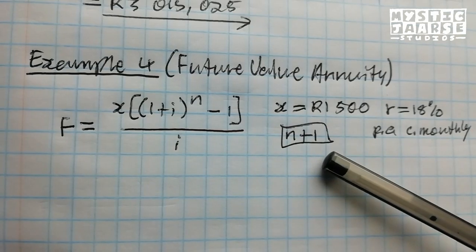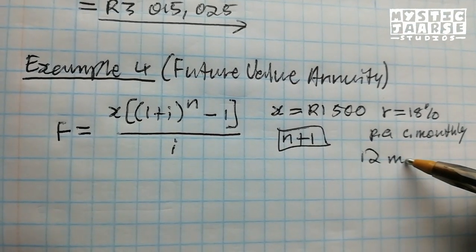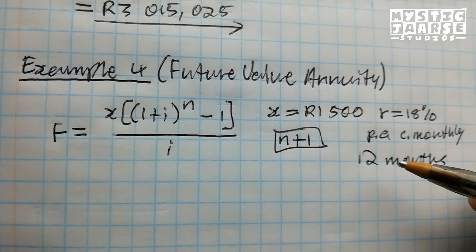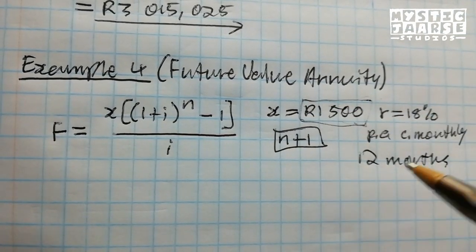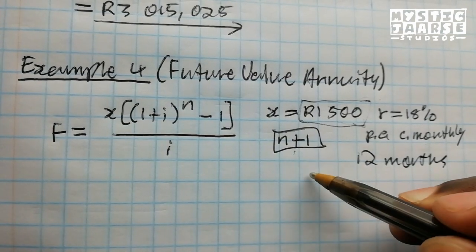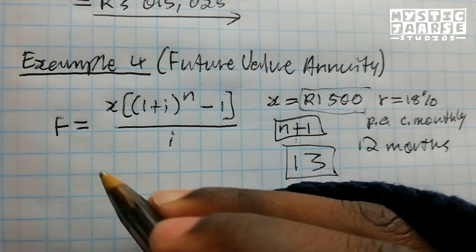In this case, the investment period is 12 months. But immediately when they opened the account, they deposited their first 1,500 rands. So number of payments here is actually 13. See, you need to be careful here. So let's calculate it.